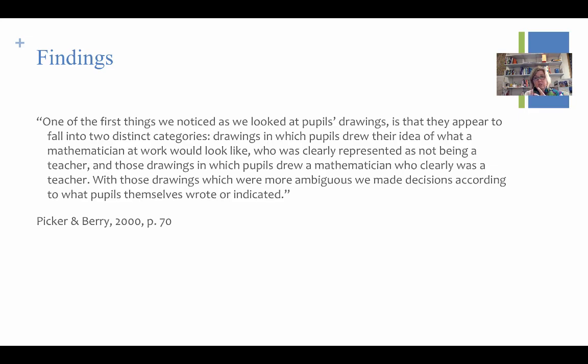Either students drew what they thought a mathematician would look like, and they were clearly represented as not being a teacher, or there were drawings where the mathematician was clearly a maths teacher. That was probably something they were looking at in respect to their research question. You might have had a completely different focus, and that's fine because your question would be different. So that's one example.